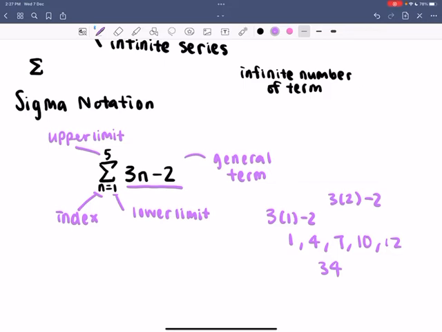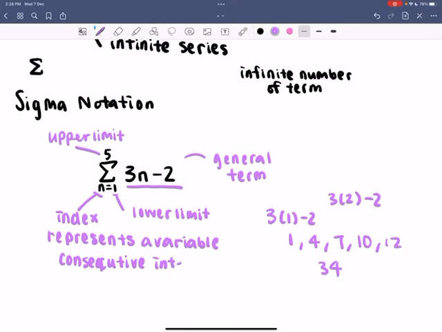So it has to be a whole number, and what number it is depends on what n equals. Integers. Cool.